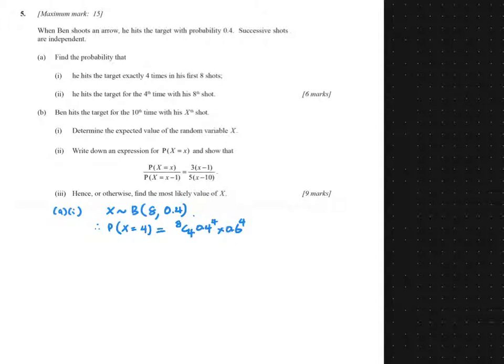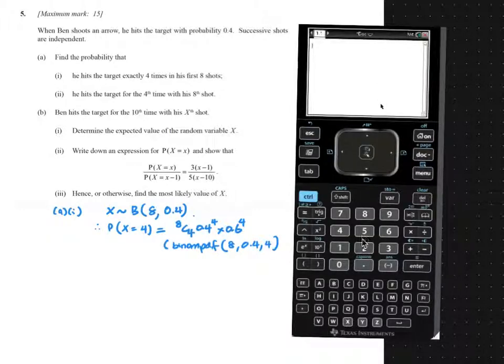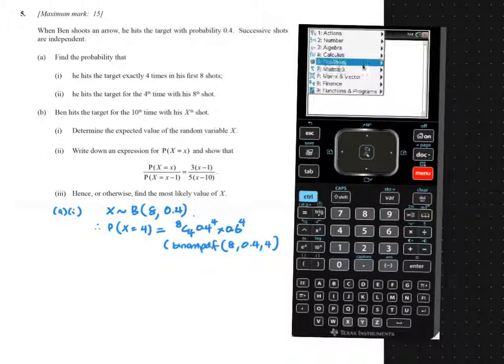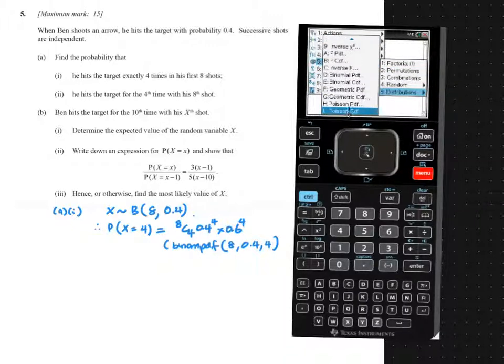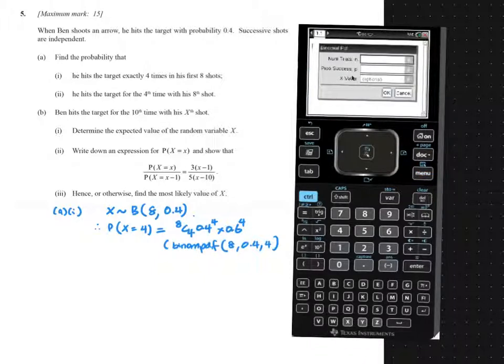And we can use our graphic calculator to solve for this. And in the calculator, you will use binomPDF 8, 0.4, 4. So working out the answer, choose probability, look for distributions, and look for binomial PDF.